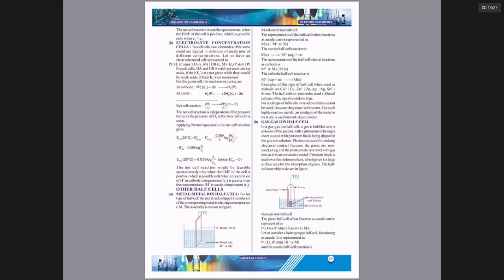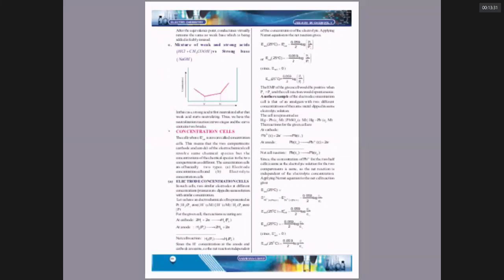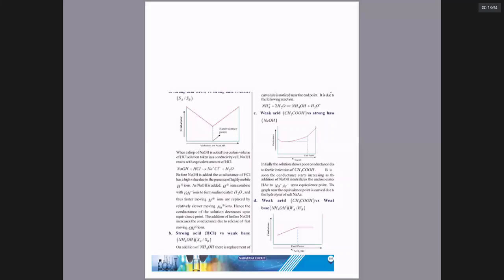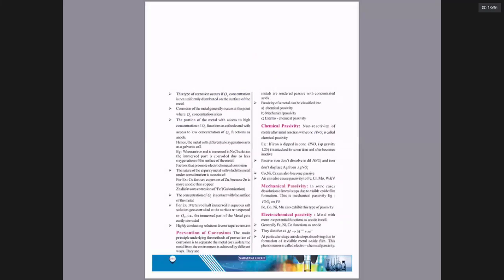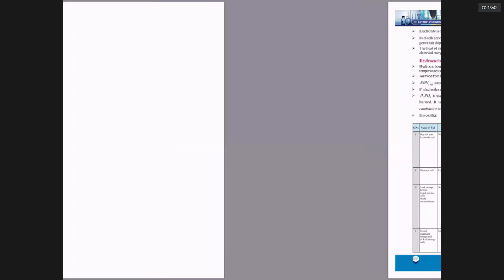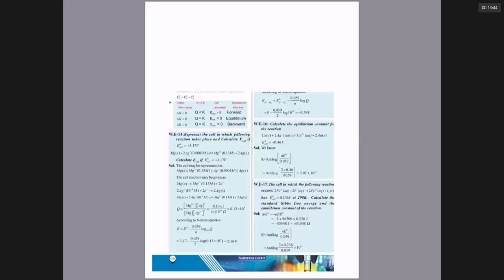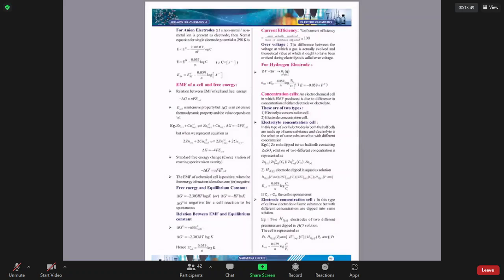Standard cell potential is represented by E0. You know, E0 is always equal to E right minus E left, that is, the electrode potential of cathode minus the electrode potential of anode. We have done problems on that.